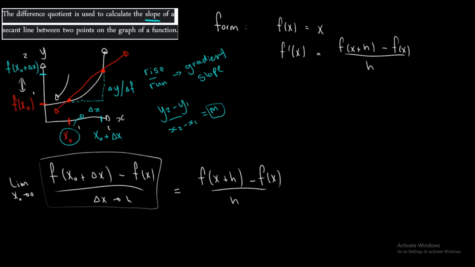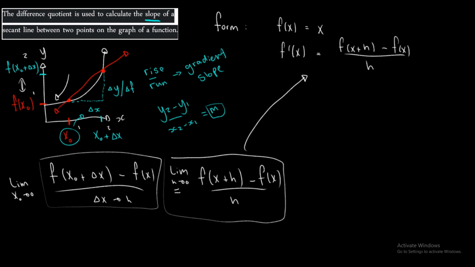And instead of using the limit as delta x approaches 0, we're going to have the limit as h approaches 0. So we have it in a little bit of a simplified form, and this is the form you were probably taught in high school.